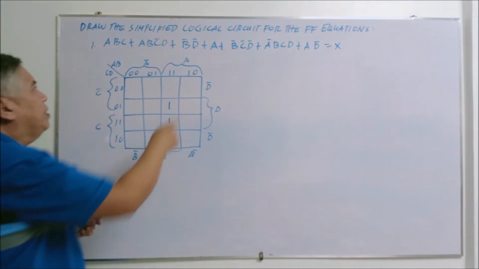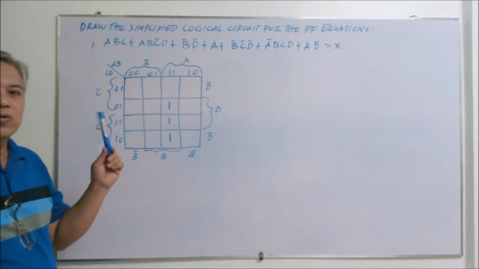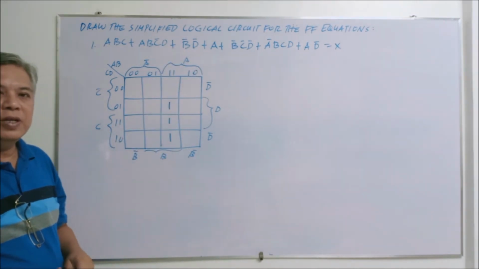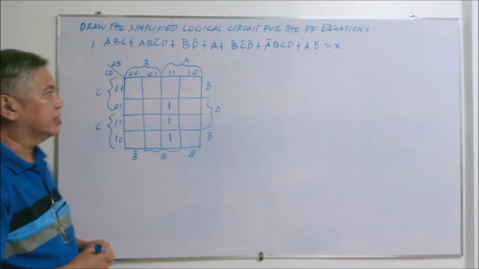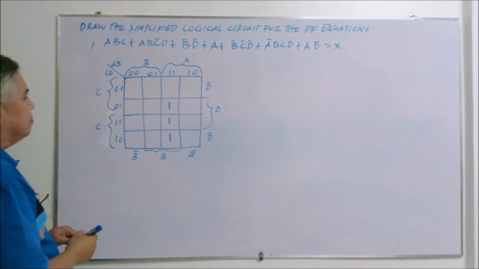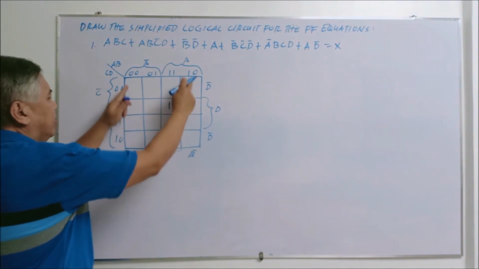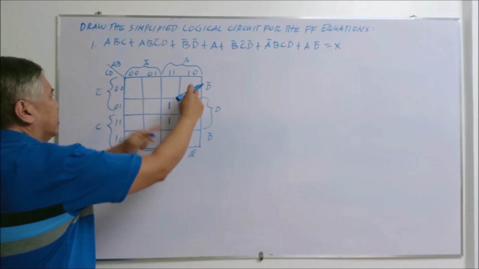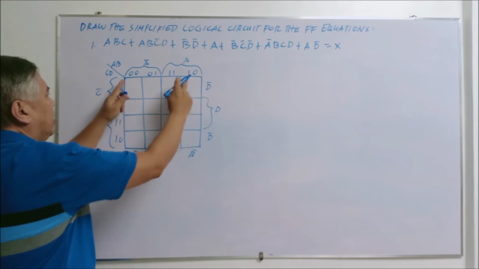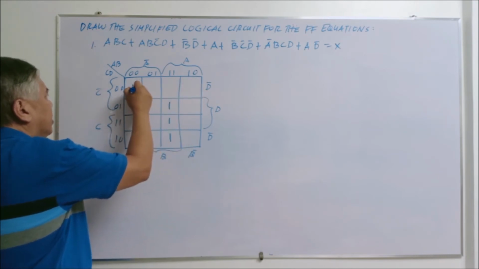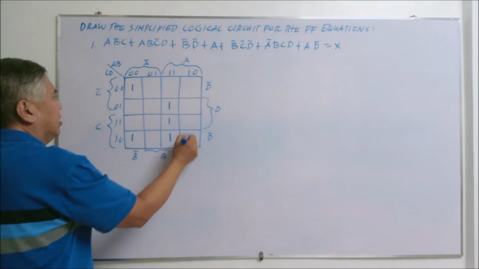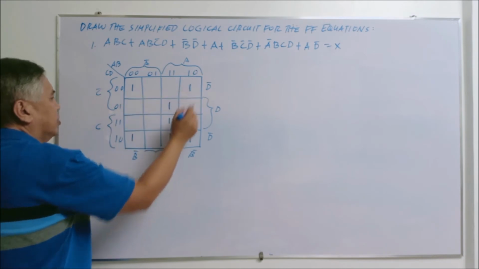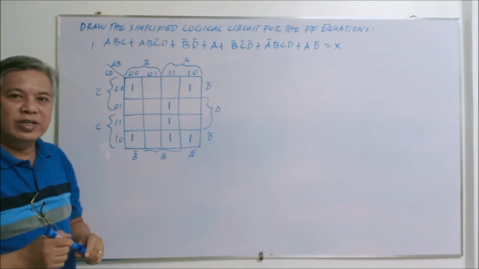And then B bar, that is a two-variable term, represents 4 adjacent cells. So where is it located? So you have B bar here, and then at the same time D bar. Where's that? That one. So B bar, D bar. That will be these particular cells. In other words, these 4 cells here are adjacent.